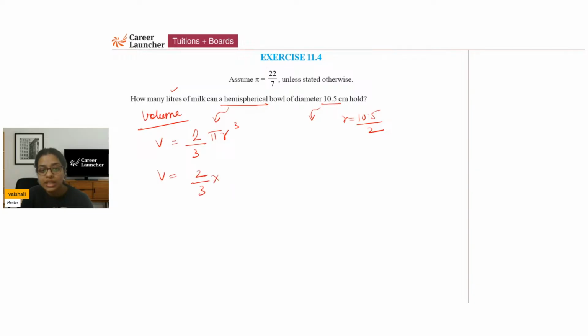So 2 by 3 multiplied by 22 by 7 multiplied by 10.5 by 2, and again 10.5 by 2, and again 10.5 by 2. Now this is going to be a bit calculative. अब decimal हटा सकते हैं यहाँ पे. So 10 will come in the denominator and this is what you have to simplify further. Maybe cancel this 2 with 20. This will be 10. You can cancel out 7 with 105.